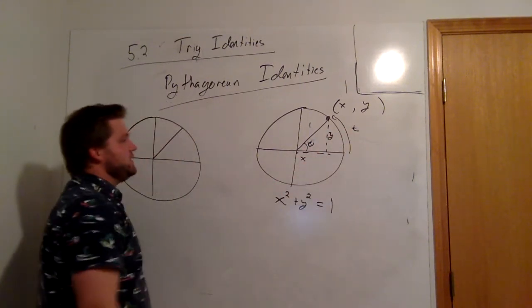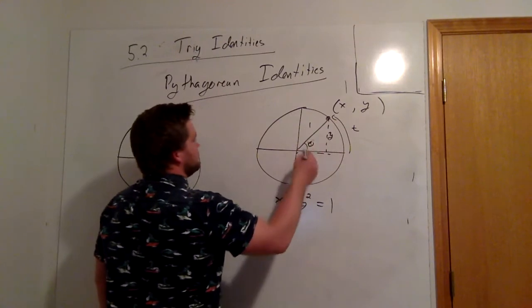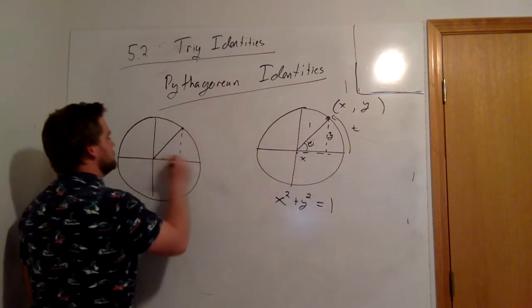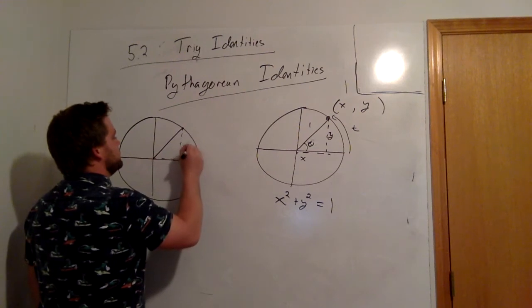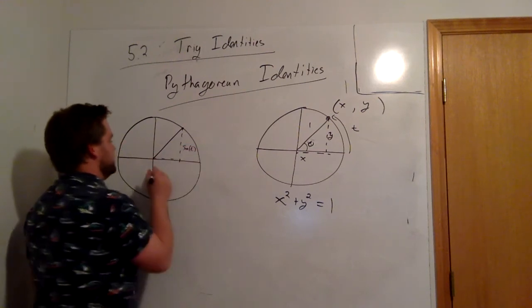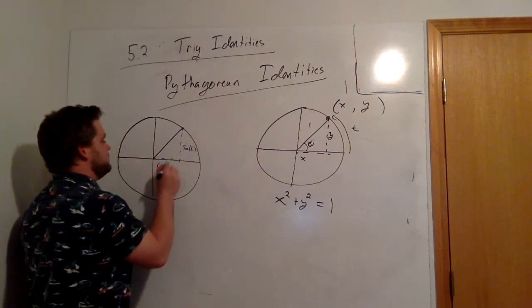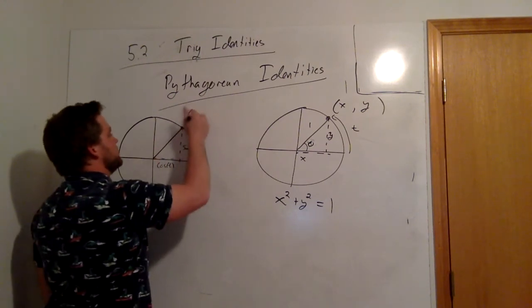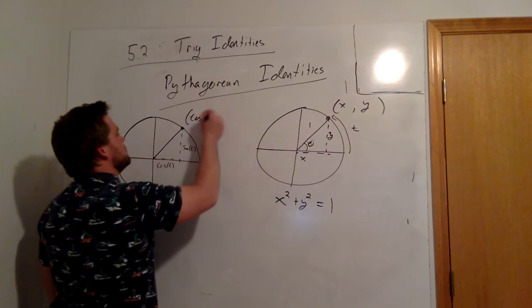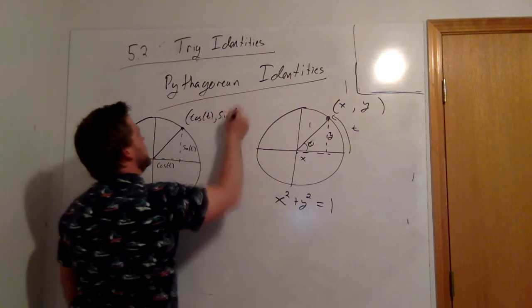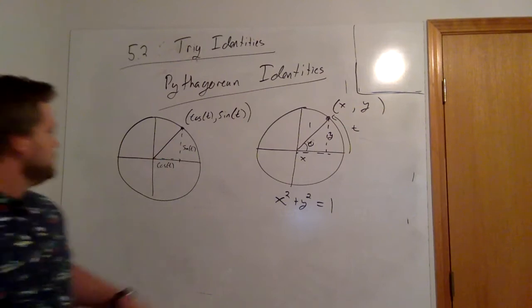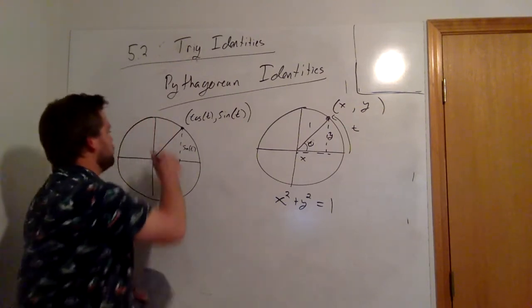Sine is opposite over hypotenuse, so sine is the y-coordinate. This distance here is sine of t, and this is cosine of t, or theta if you'd like.